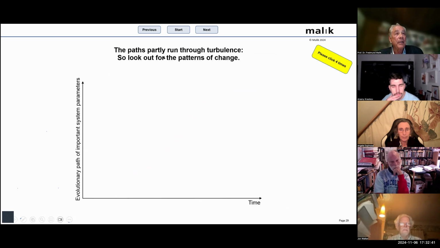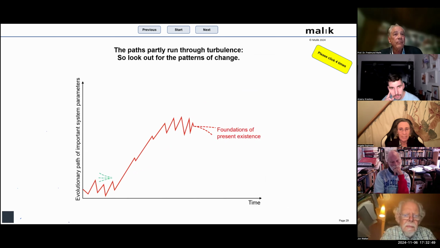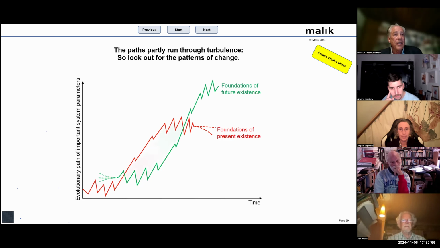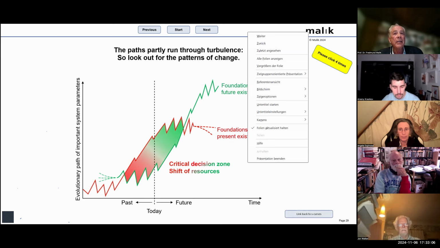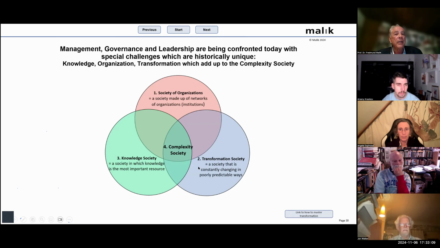Now, the path partly runs through turbulences, so look out for the patterns of change, from the foundations of present existence, whatever we look at, to future existence, the critical decision zone, shift of resources. This is the middle point today, and we can now look a little bit differently. Management, governance, and leadership are being confronted today with special challenges, which are historically unique.